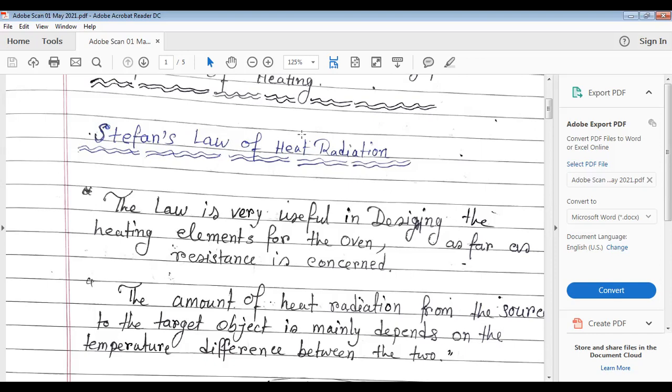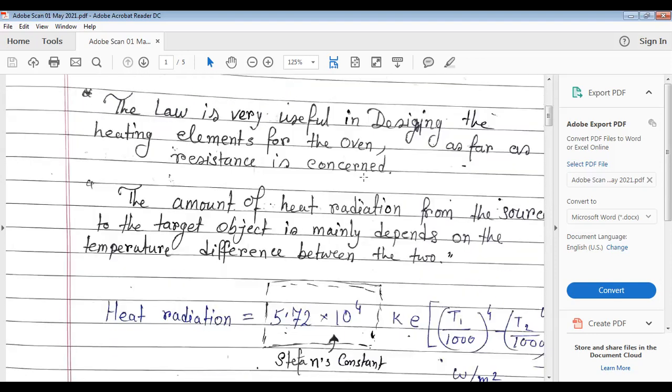So let's know what Stephen's law is, then its application, and then we will go for designing and problems. Now, the statement you can see here: the amount of heat radiation from the source to the target object mainly depends on the temperature difference between the two.